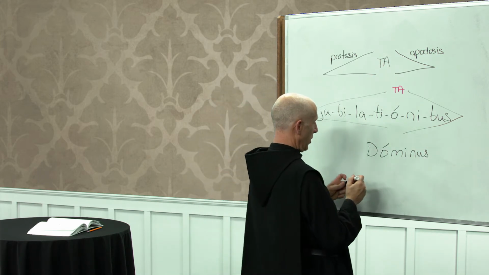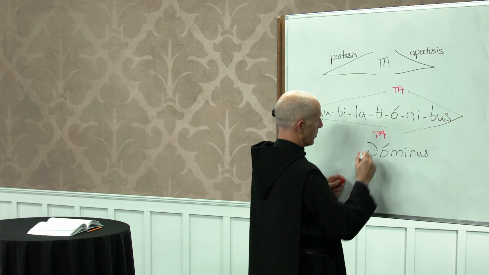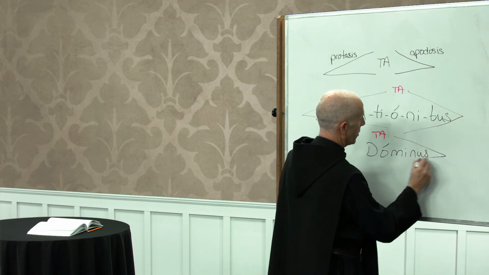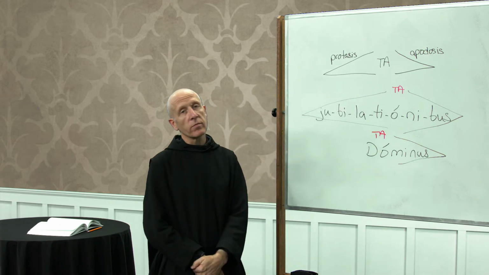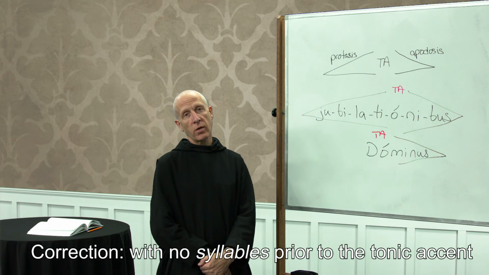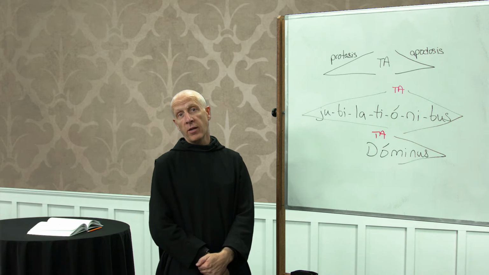See, it begins with the tonic accent, and after that follows the phase of decrease. There's an apodosis, but there's no protasis. There's a multitude of words like that with no accent prior to the tonic accent. But there can't be any words in Latin without an apodosis.